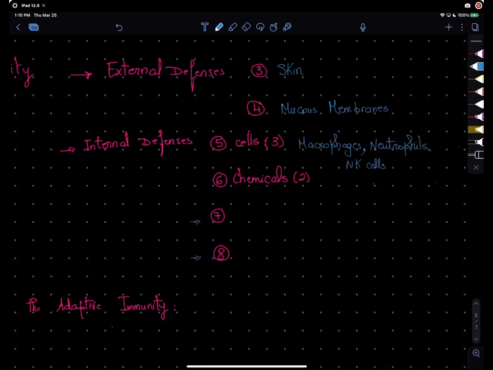If a cell fails to present its self-antigen, convincing the natural killer cells that it belongs to the body, what's going to happen? The natural killer cell will become activated and will start to attack this viral infected cell or cancerous cell. We've got two chemicals on here.